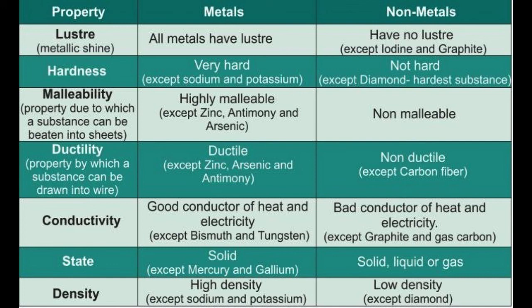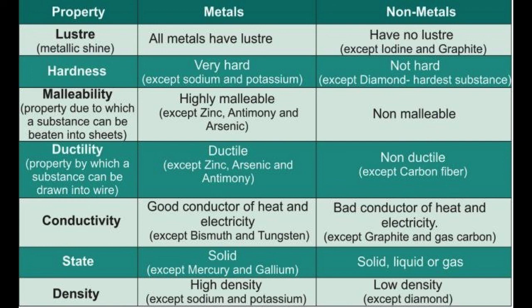A summary of the general properties of metals and non-metals. Metals are good conductors of heat and electricity and have high melting points. Non-metals are poor conductors of heat and electricity. Metals have high density, whereas non-metals have low density.